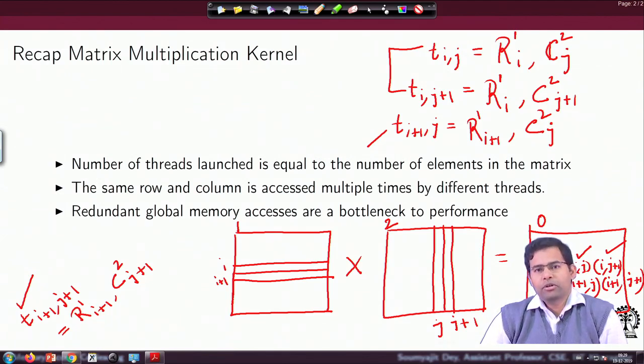So the point to be noted here is we should try to minimize the refetching of data multiple times through global memory loads by different threads doing similar activity on different data points but using the same locations from the global memory. The alternate option is to make the threads working inside a block collaborate by bringing the data from the global memory and putting it in the shared memory.